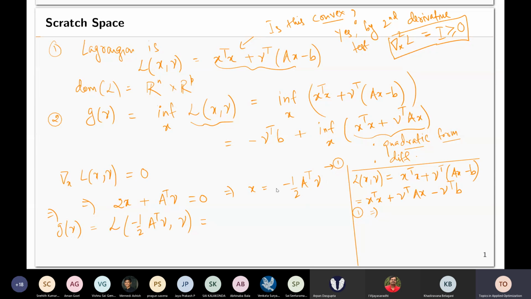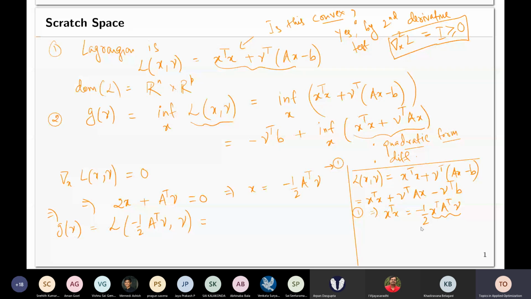I see A transpose nu, or I can also reverse this, but here I see nu transpose A multiplied by x. So if I multiply by x transpose here, I see some relationship between these two. So x transpose x is minus half x transpose A transpose nu. Remember that this is just a number.